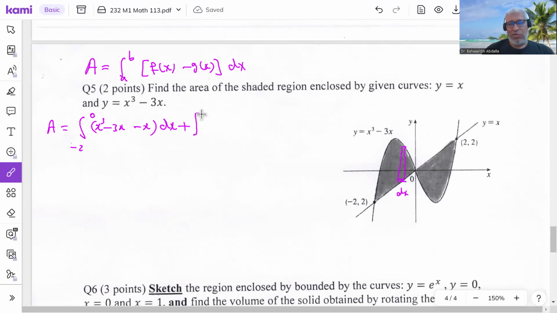The shaded region to the right, x is from 0 to 2 because you have dx. And above I have the line x minus the curve. And pay attention, minus before the curve. So this minus will change the sign of x cubed and the sign of 3x.